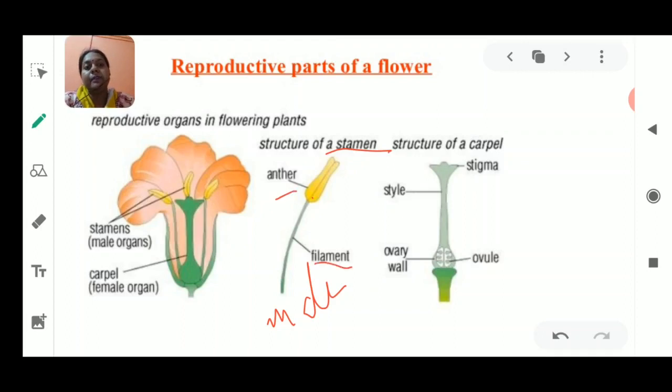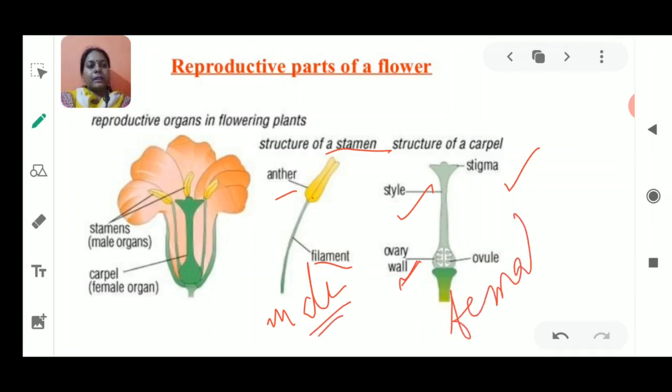And the female reproductive part consists of three main organs, that is stigma, style and ovary wall. So here the flowering plant has two reproductive parts, one is the male reproductive part, another one is the female reproductive part. The reproductive parts of the flower are only responsible for sexual reproduction. How?